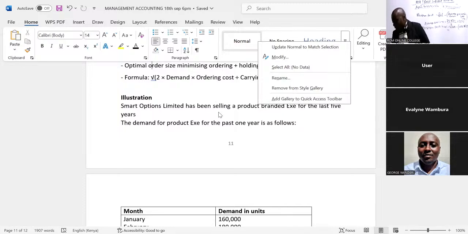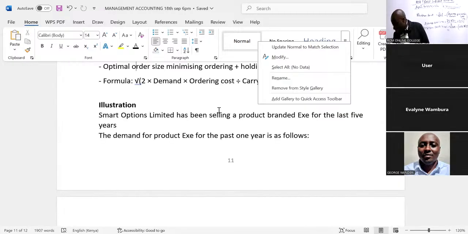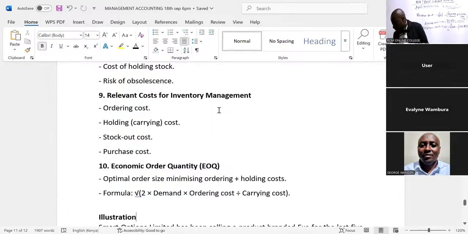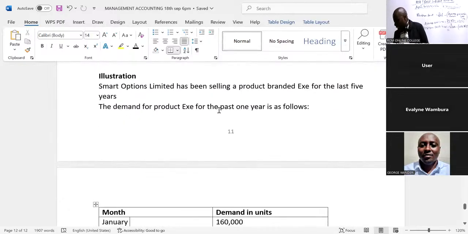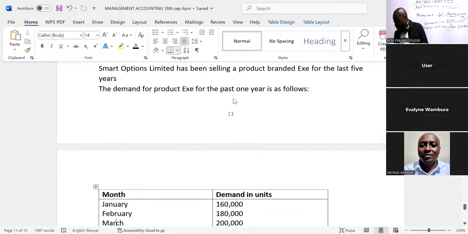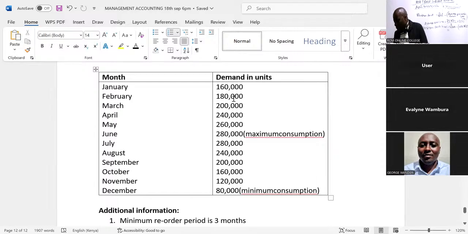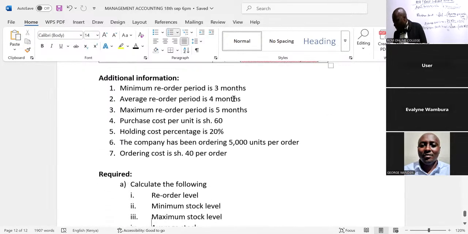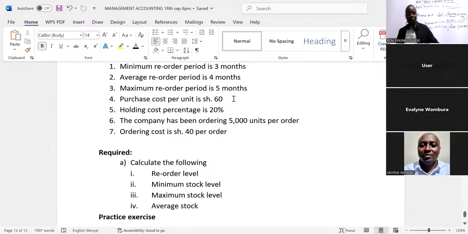We are told Smart Options Limited has been selling a product branded X for the last 5 years. The demand for product X for the past 1 year is as follows. I can see months all the way to December, and additional information, and then they want me to calculate the reorder level.